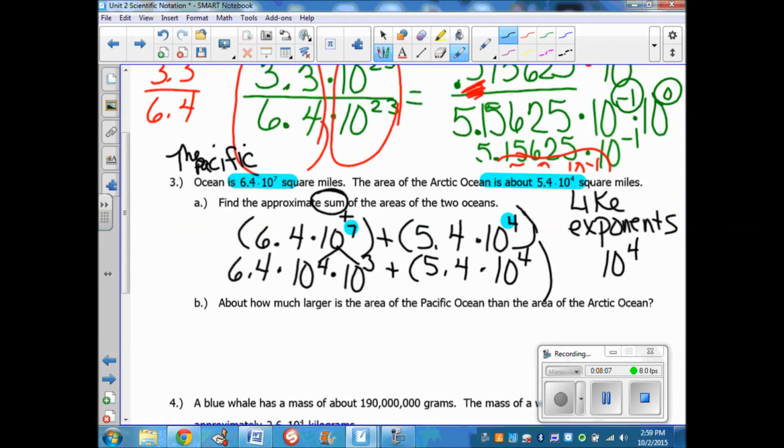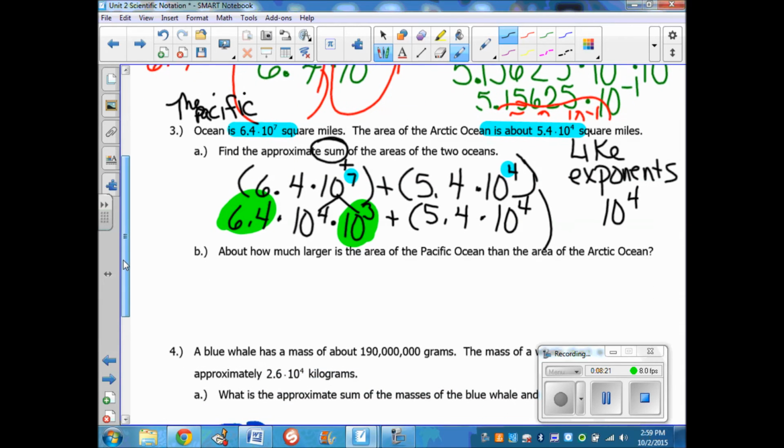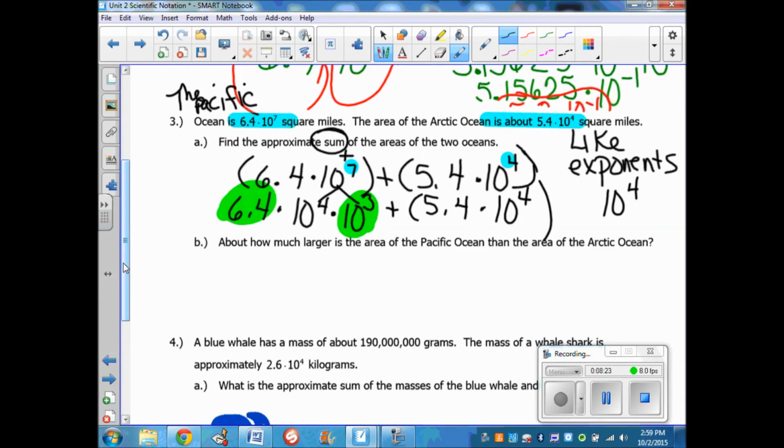So now what do we do to continue? We've got to multiply that 10 to the 3rd times that 6.4 before we can finish up and add. So I'm going to have to go down here a little bit. If I take my 6.4 times 10 to the 3rd, that's 6.4 times 1,000.